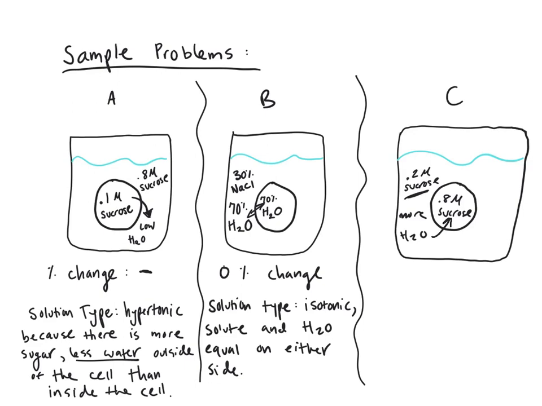So you would expect a positive percent change, meaning that that cell is going to gain water, it's going to gain mass. And the solution type for sample problem C would be hypotonic, meaning that there's more water outside the cell than inside the cell.